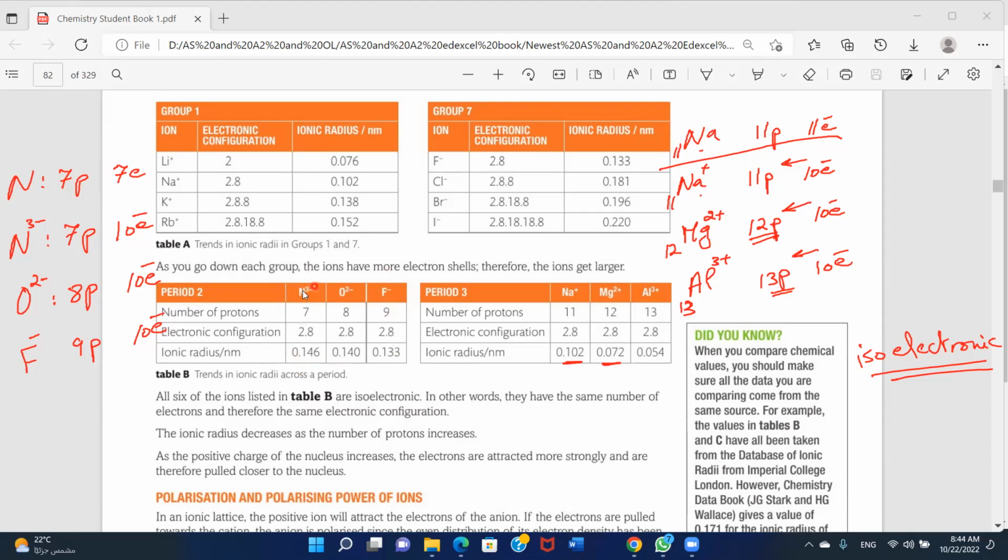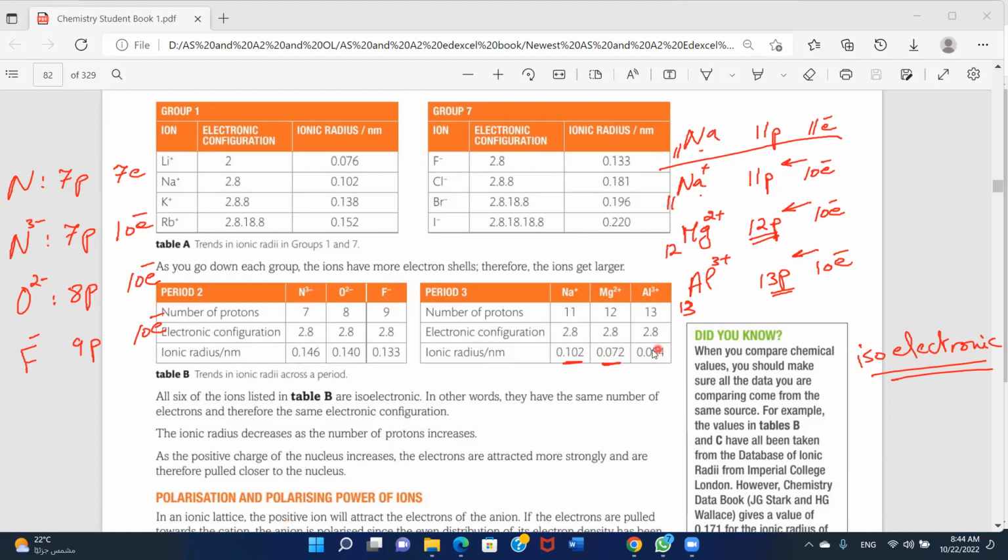The more the number of negative charge, the bigger is the radius. But the more number of positive charge, the smaller is the radius. All these tricks are called isoelectronic, and they usually bring this in multiple choice questions to compare between the sizes of positive and negative ions, which are isoelectronic. They should be isoelectronic.